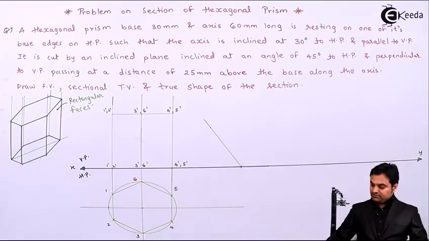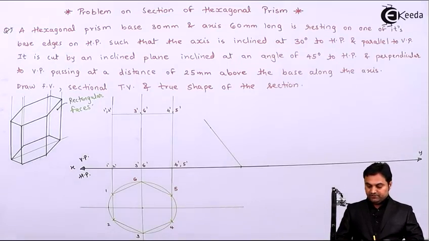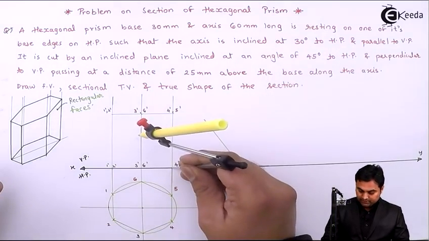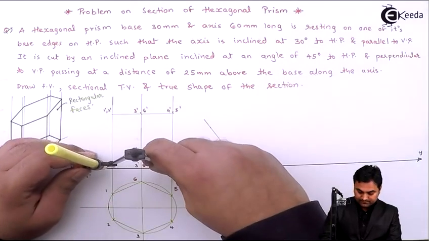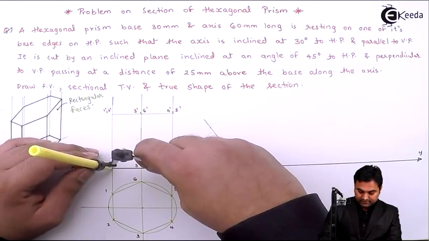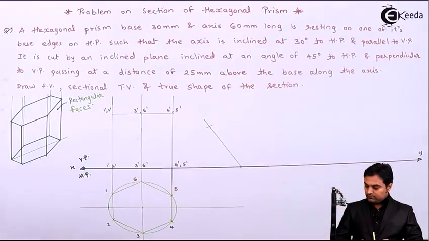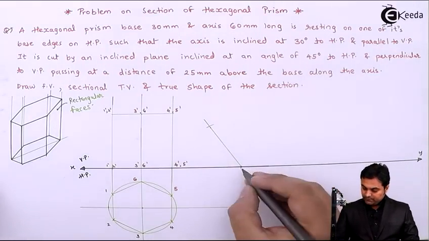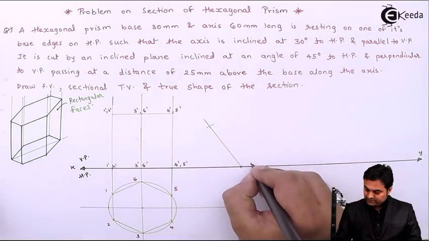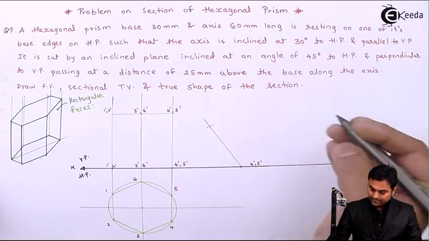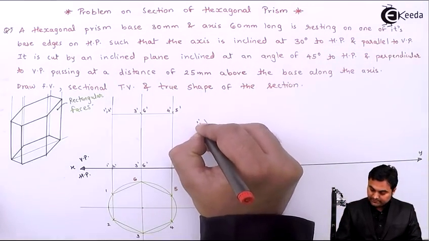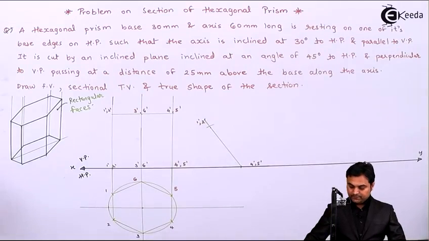Now this is the base on which this prism will be tilted. So I need to mark that base from 4 dash, 5 dash up to 1 dash, 2 dash. Then here I'll say this is point 4 dash, 5 dash, and here there is 1 dash, 2 dash.